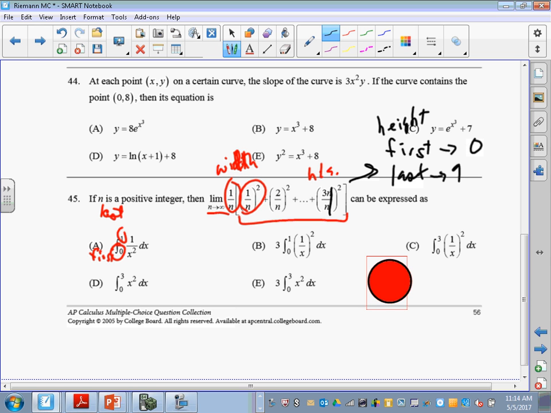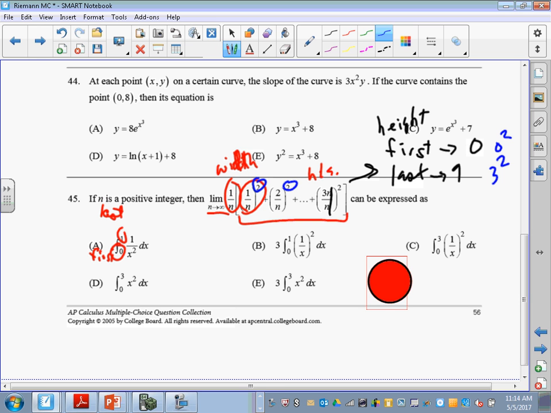Are we good? More specifically, the first height is 0 squared because we have that squared right there, and our last height is 3 squared. So which one of those is going to give us a first height of 0 and a last height of 9? Let's give everybody a chance to get that.